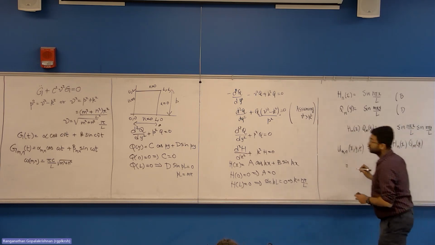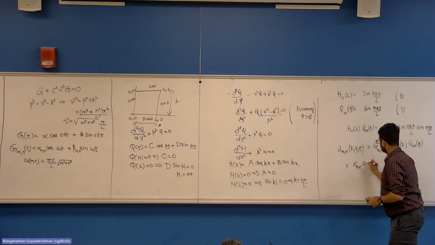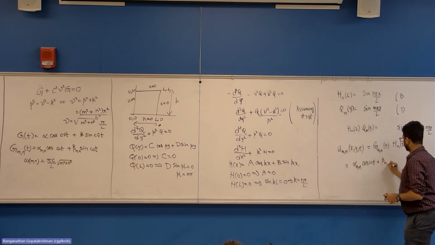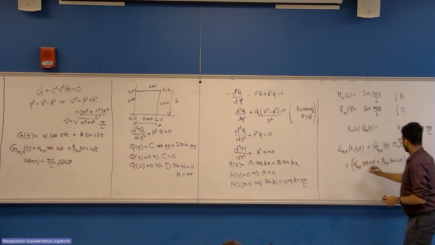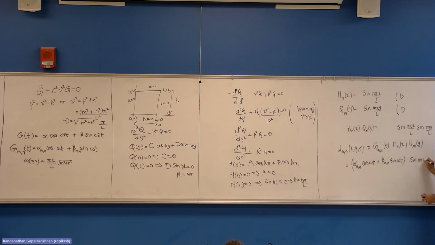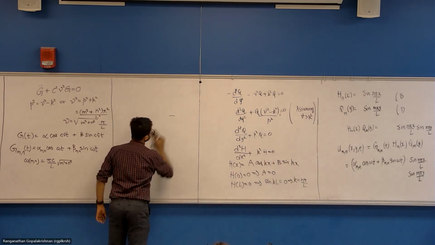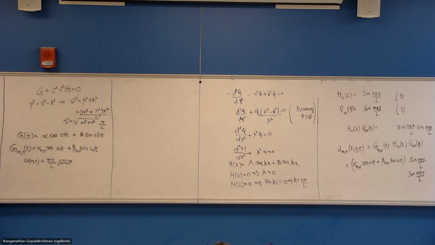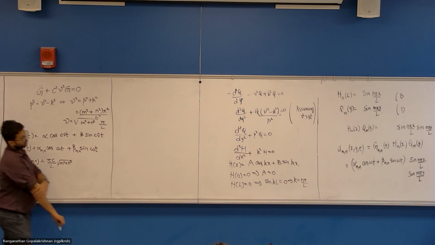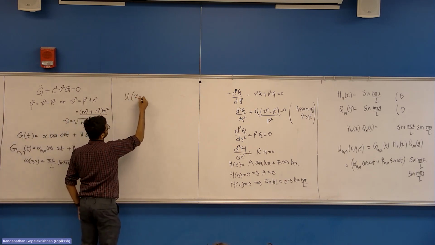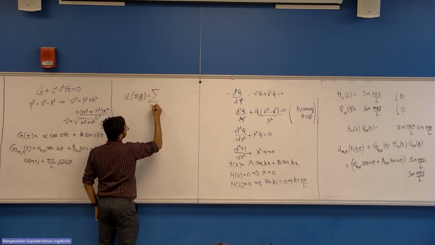So I'll write this together: alpha m comma n cos omega t plus beta m comma n sin omega t, times sin n pi x over L times sin m pi y over L. So now the entire solution, since it depends on two indices, would be a double summation.